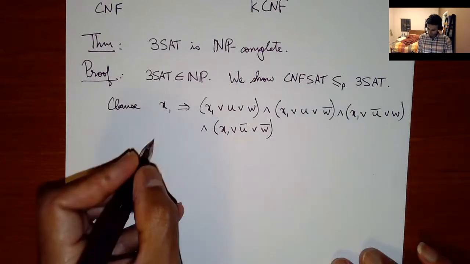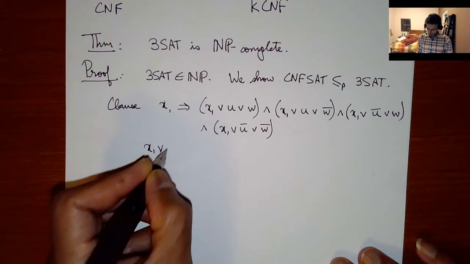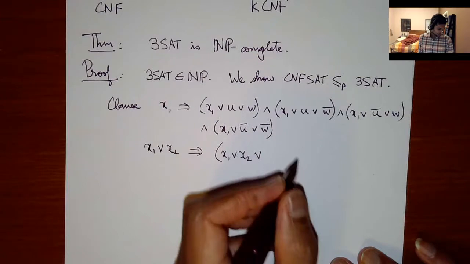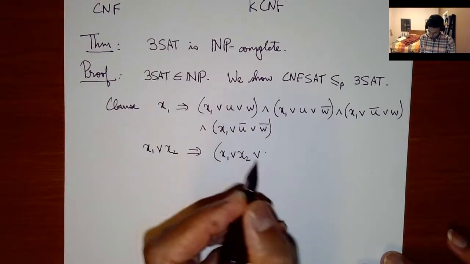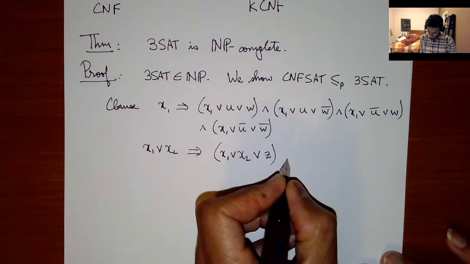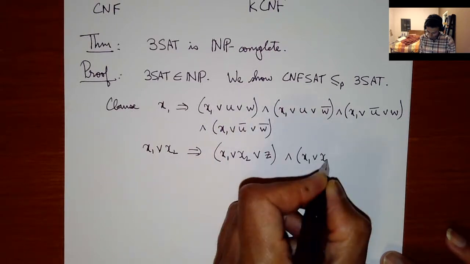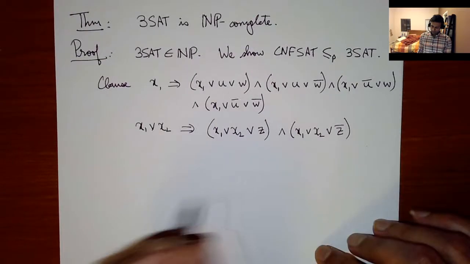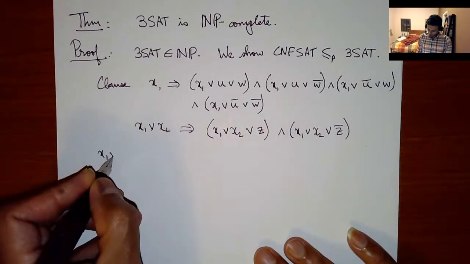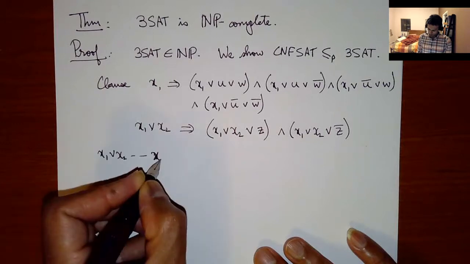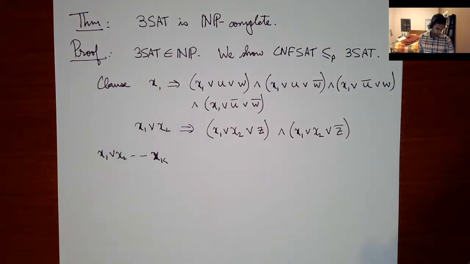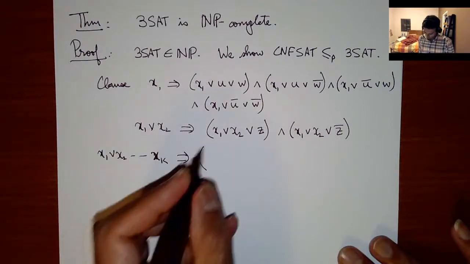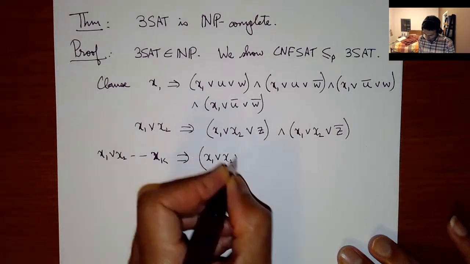If you have x1 or x2, you just add a single dummy variable. So you say x1 or x2 or z, and x1 or x2 or not z. And in general, if you have x1 or x2 up to some xk, where k could be larger than 3, then what you do is you cascade this argument. You say x1 or x2 or, and I'm just going to call this y1.